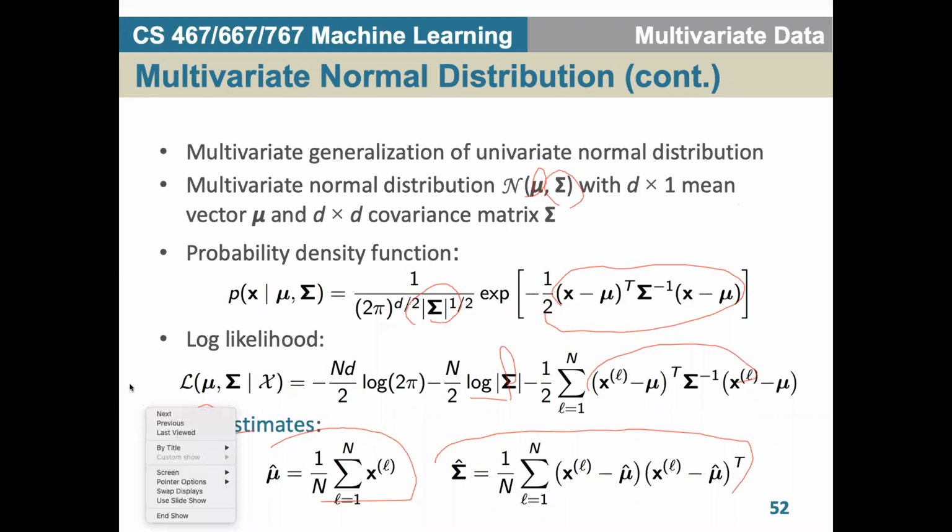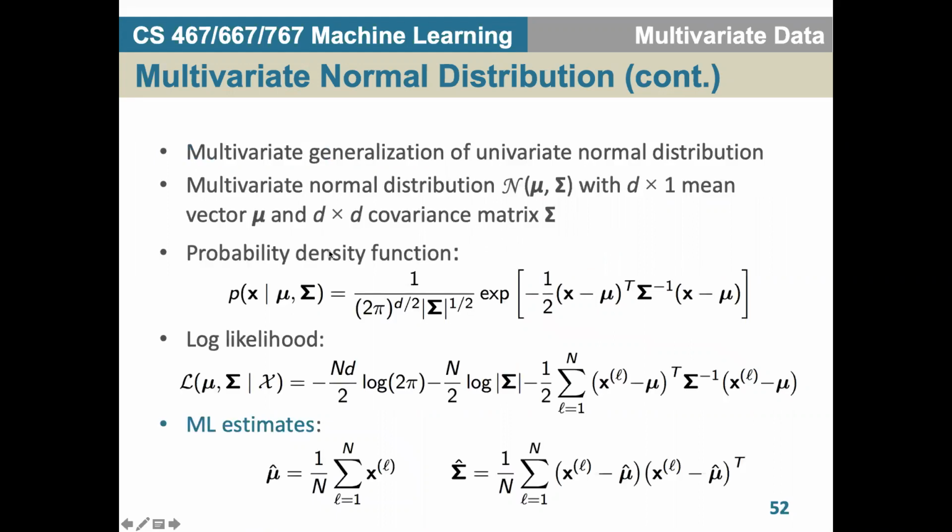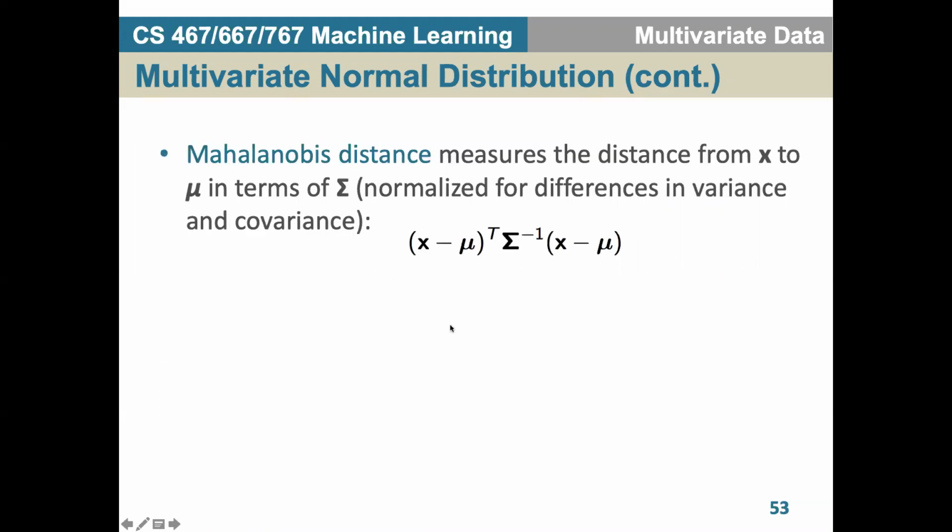Okay, then let's move on. If you look at this term here in the exponential, which after taking log likelihood becomes this term individually, this is called the Mahalanobis distance.